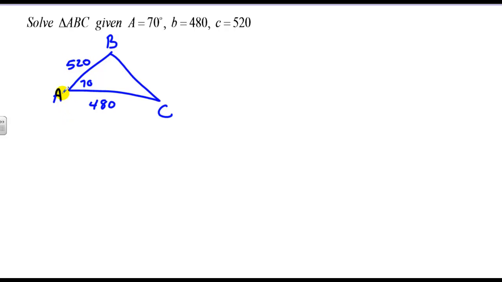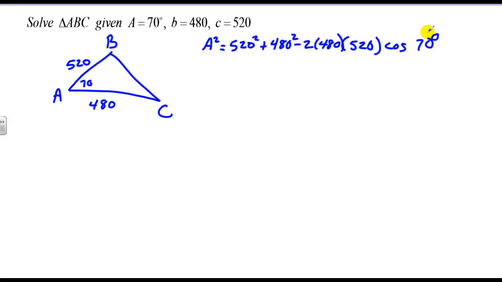We're going to go through and solve the triangle, which means find all sides and angles that are missing. So again, this is set up for a law of cosines. I'm going to say a squared is equal to 520 squared plus 480 squared minus 2 times 480 times 520 times the cosine of 70 degrees.